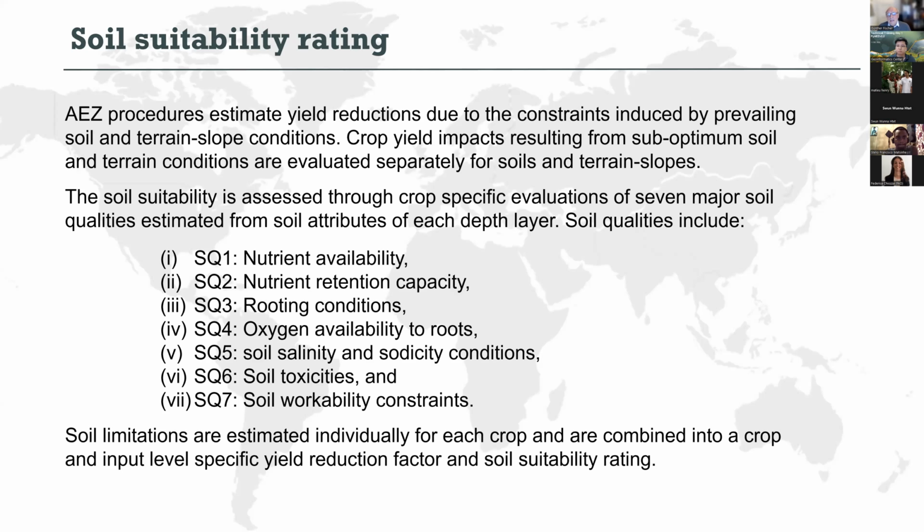I'm not reading it out for you, but they consider different aspects of the soil-plant interaction, and they are input level specific assessments, and they are assessed for each of the different soil depth layers, which is then weighted by LUT-specific soil root distribution to come up with this reduction factor as a consequence of different soil conditions.